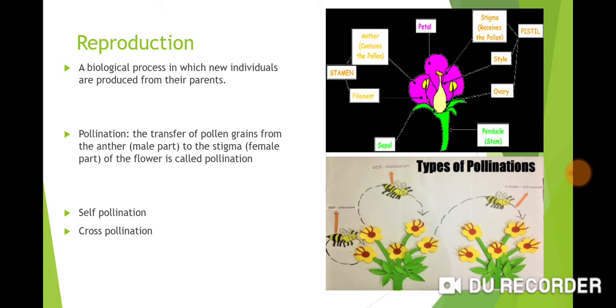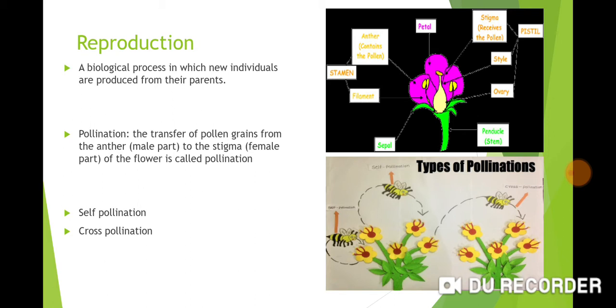So the main process of reproduction is carried out in plants in different ways. First of all, I want to discuss the process of pollination in plants with you.